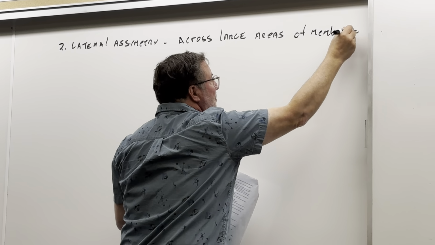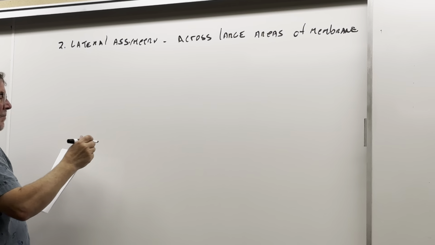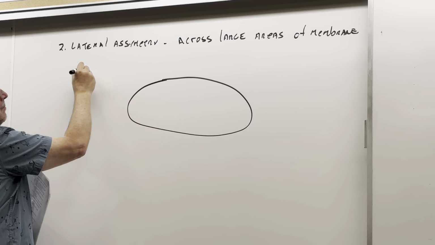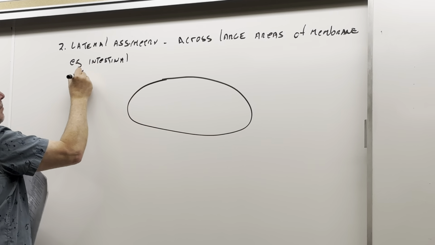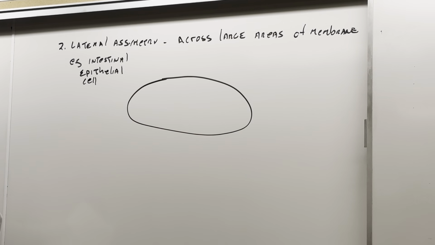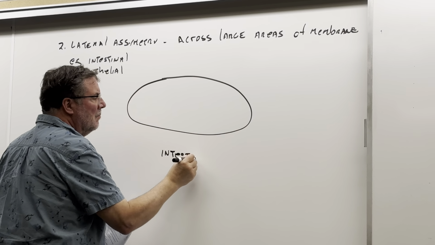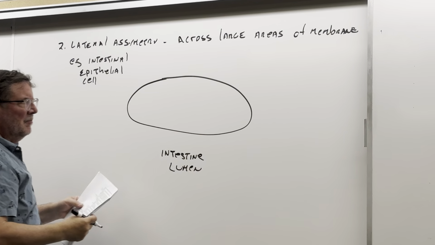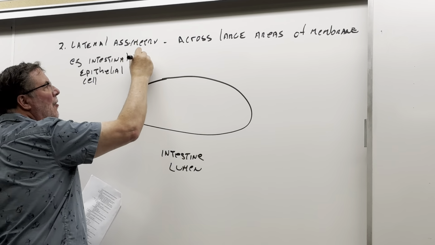Let me give you an example. We have an intestinal epithelial cell, and maybe here is the lumen of the intestine, and then you've got other cells here.